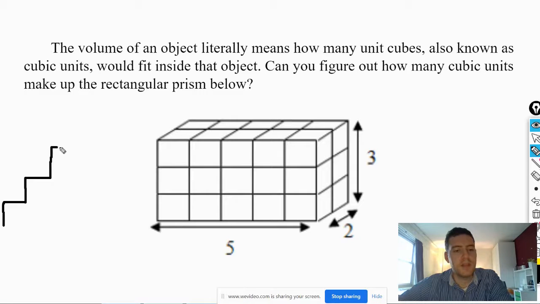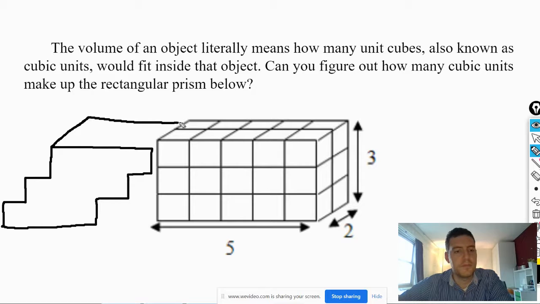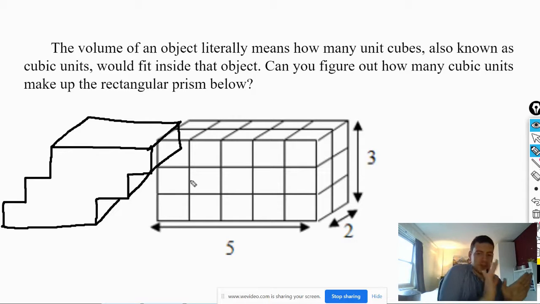Let's say it looked something like this now. I hope you understand what I mean by this. So we just bumped into the prism and pushed all the stacks to the right.